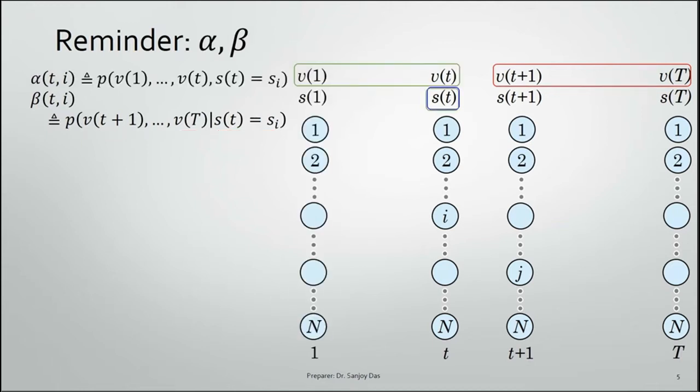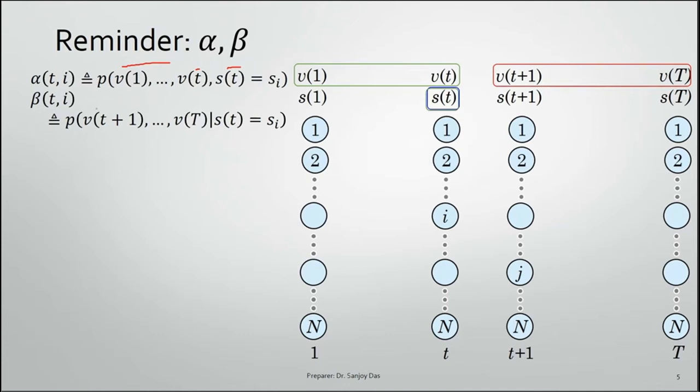Now I will be constantly referring to lowercase t as the current time step, and anything before time step t will be referred to as the past, and anything after t shall be referred to as the future. So alpha t i is the joint probability of past and present output and the state at the current time being equal to Si.